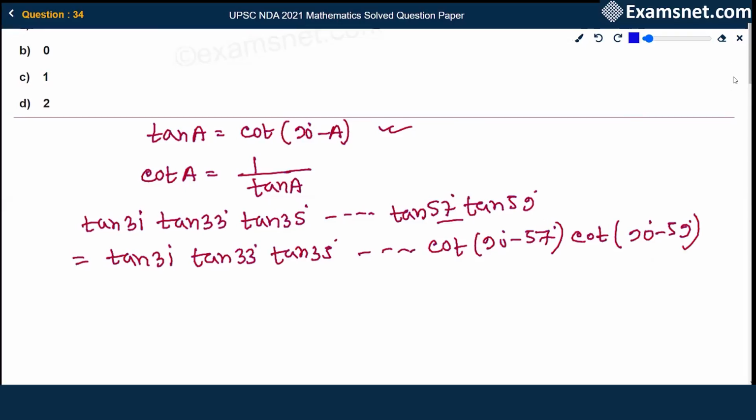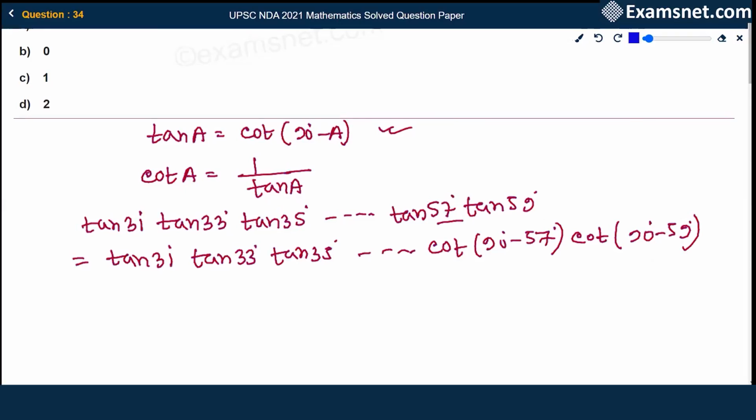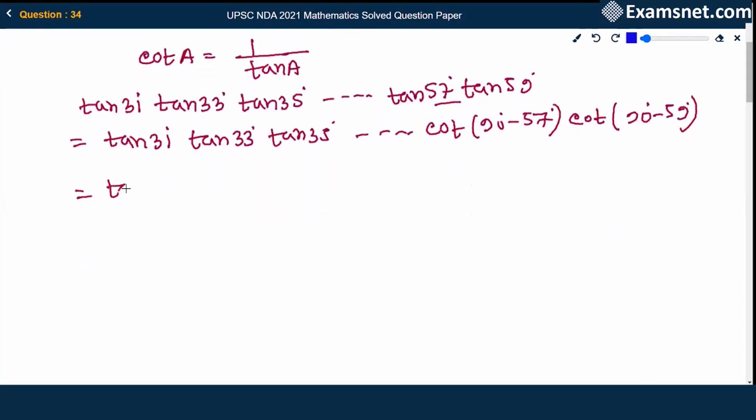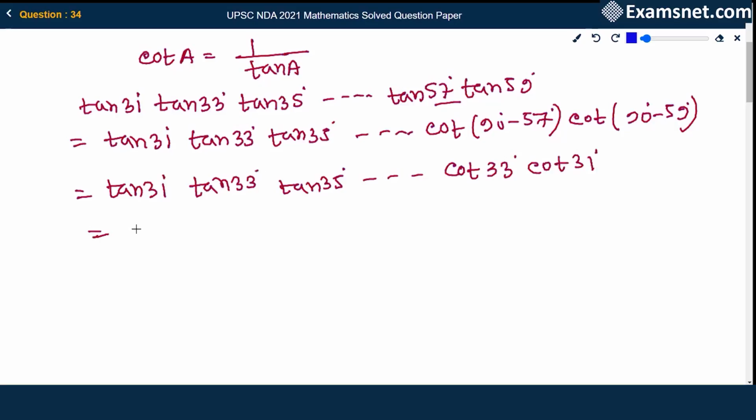So here tan 31 degree, tan 33 degree, tan 35 degree, dot dot dot. Now cot 90 degree minus 57 degree will give us the value cot 33 degree, cot 31 degree.